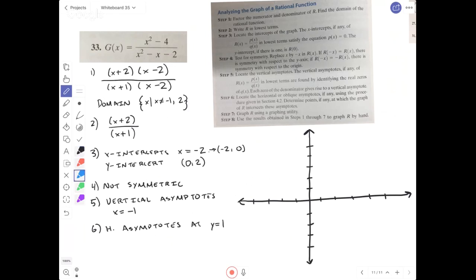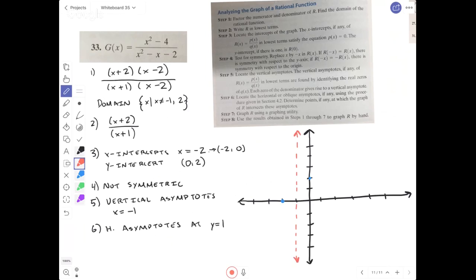Okay. I know that 0, 2 is a point on the graph. I know that -2, 0 is a point on the graph. I know that I've got a vertical asymptote at x equals -1.